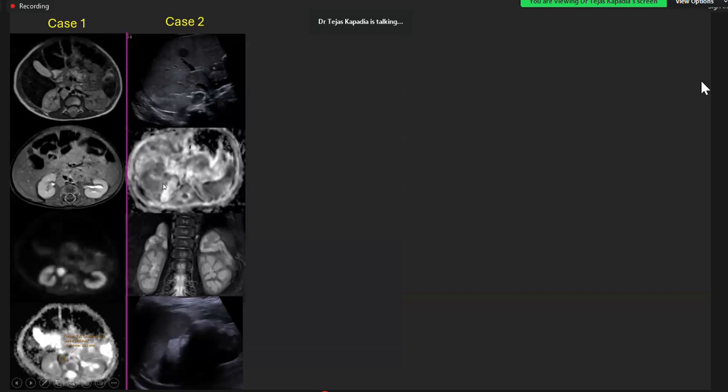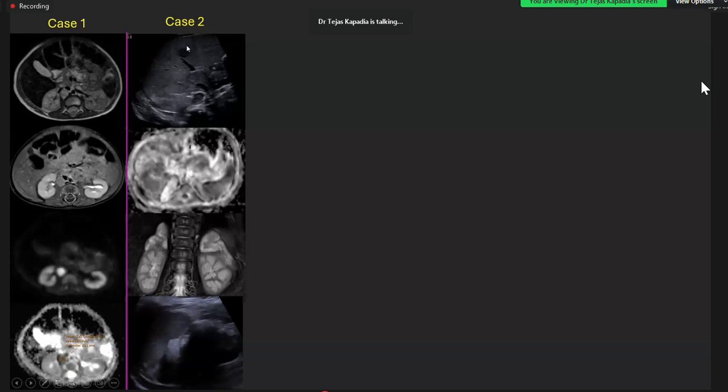Let's look at another case. So bilateral adrenal neuroblastomas. Now looking at this picture, we initially thought, is this congenital adrenal hyperplasia? Because neuroblastoma, you would expect it to be more like a mass lesion, and it didn't show much restricted diffusion as well, but this was a bit atypical.